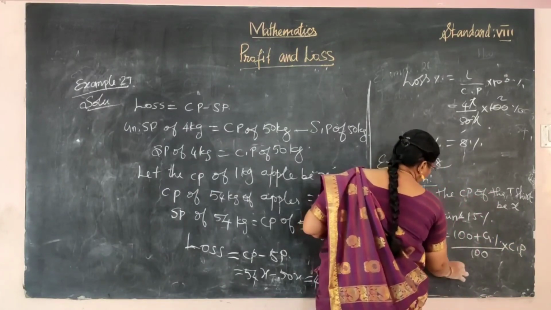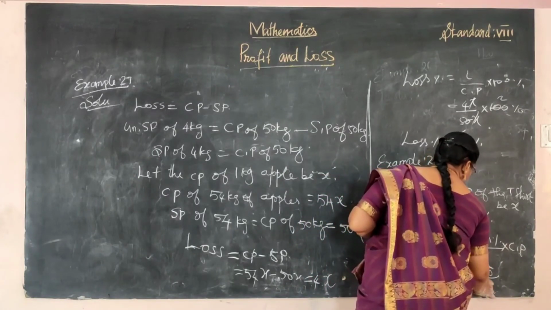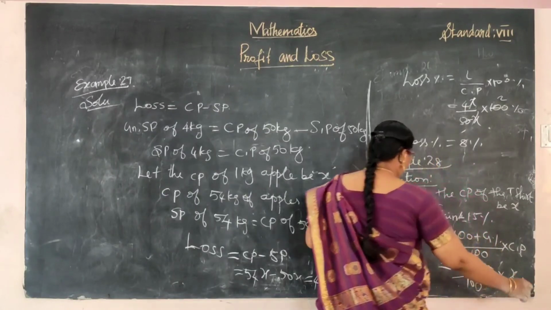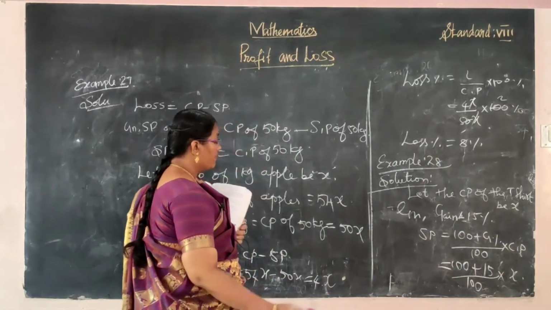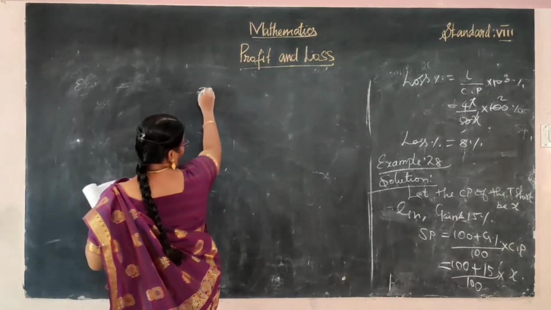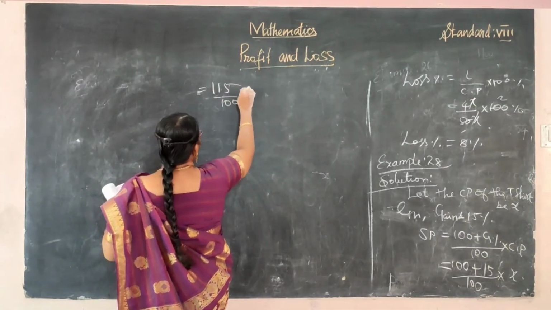So 100 plus 15 by 100 into CP, which we have considered as x. Add the numerators: 115 by 100 into x.